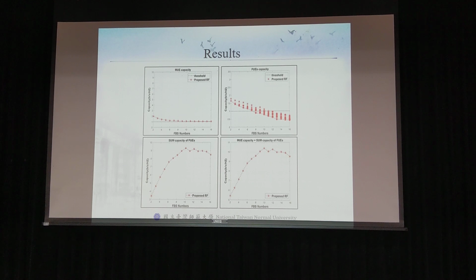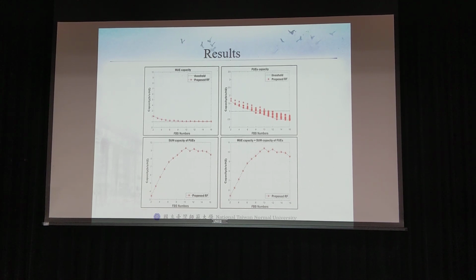And next is our result. We can see the first figure on the upper left-hand side. All the MUE capacities are maintained above the threshold. On the right-hand side we can see the FUE's capacity as the FBS number increases.